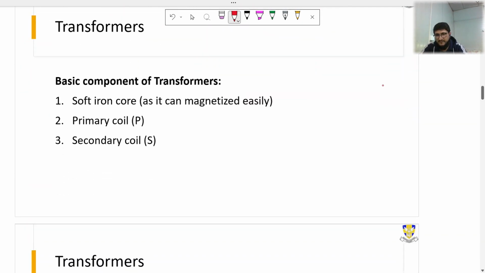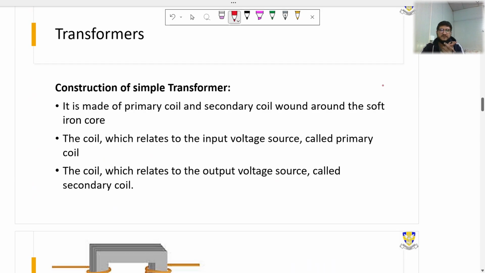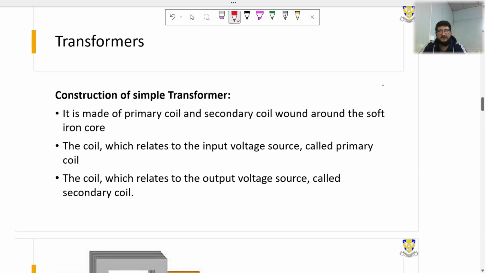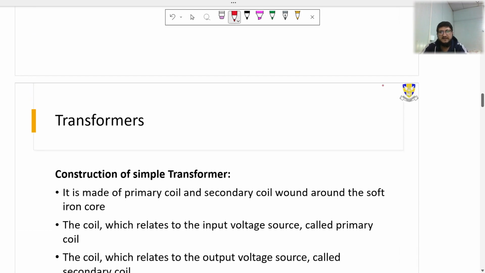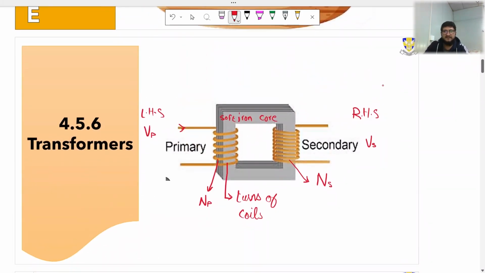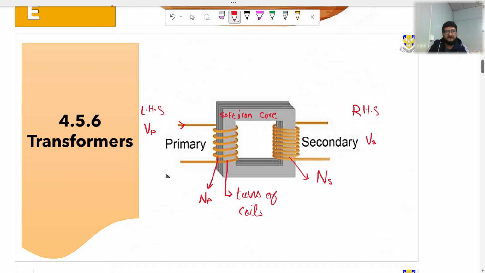When you talk about the construction of a simple transformer, it is made of a primary coil and a secondary coil wound around a soft iron core. The coil which relates to the input voltage is known as the primary coil. This is the input portion, and this is your output portion.